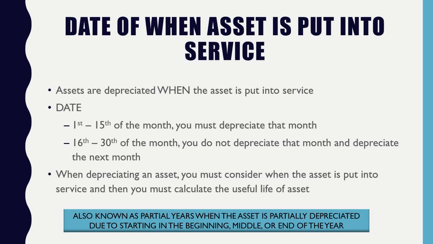Not only that, it's also broken down into determining whether you are going to depreciate that month or the next month. If it falls between the 1st and the 15th, then you are going to depreciate for that month, because if you placed it into service on the 5th of October, for example, that's more than 50% of the month.